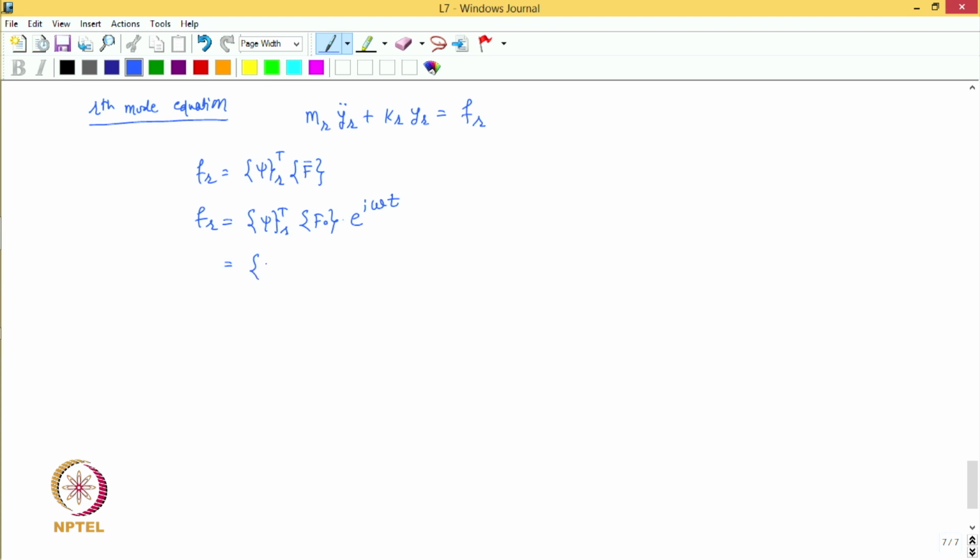We have replaced f by f bar, maybe with an overbar to indicate that we are using the complex exponential force. So, this quantity I can call Fr0, the amplitude of the rth modal force. This is a scalar. So, Fr0 is nothing but psi r transpose f naught, the dot product between the rth eigenvector and the amplitude of the harmonic force vector.